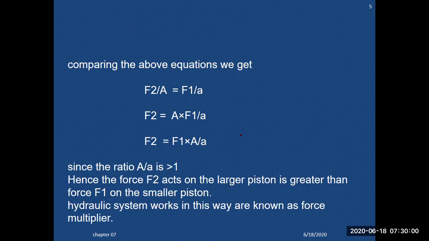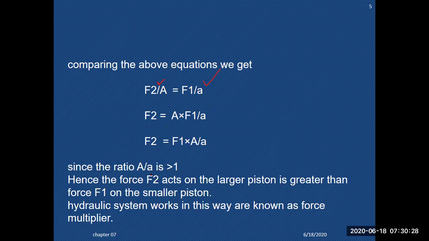So if you look at F2 over capital A, this is the pressure acting on the largest surface area piston, and F1 over small a is the pressure acting on the smaller piston area. We apply force on the smaller piston, it is transmitted equally and reaches the large surface area piston, and in this way it works.